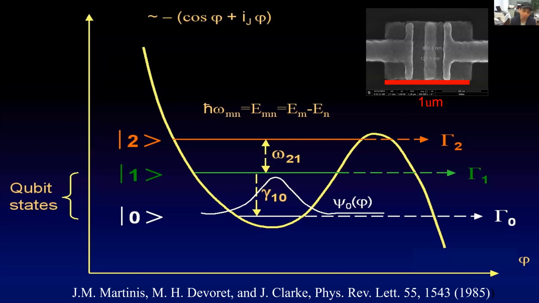They measured and found the energy level is quantized. So even in this macroscopic system, if we can lower the noise and the temperature to an extremely low level, we can still see quantized behaviors.